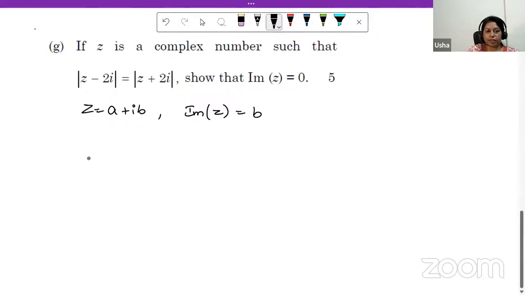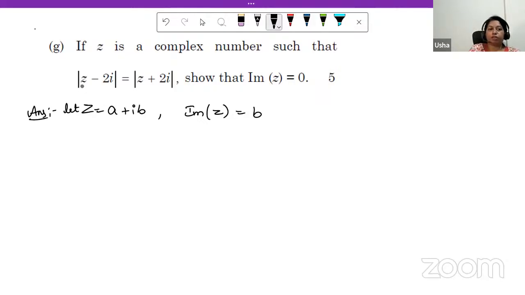So let us take, for this answer, let Z be equal to A plus iB. I'll write it here itself. Let Z be equal to A plus iB. So the imaginary part of Z is B, and we are supposed to show that this B is 0.